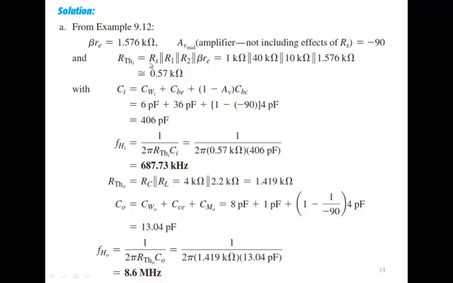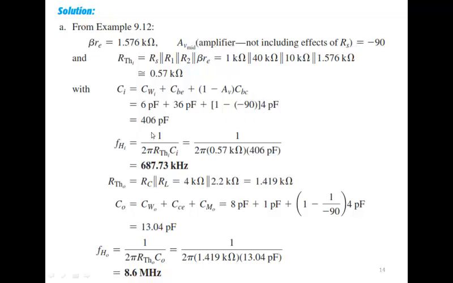These values are given. You can plug these values to find the value of R Thevenin I, and then you compute Ci, which is nothing but Cwi plus Cbe plus (1 minus Av) times Cbc, where Av is the gain of the amplifier that we have already computed in example 9.12, and it is also shown here.